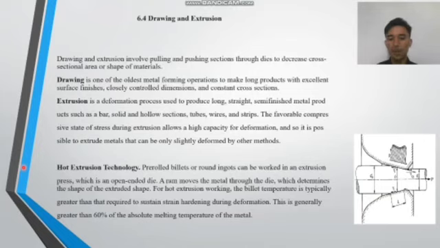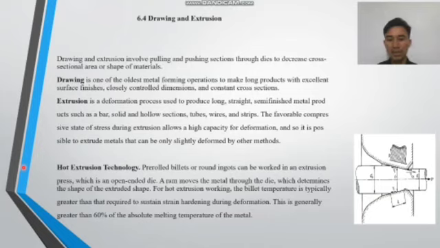Hot extrusion technology. Pre-rolled billets or round ingots can be worked in an extrusion press, which is an open-ended die. A ram moves the metal through the die, which determines the shape of the extruded shape. For hot extrusion working, the billet temperature is typically greater than required to sustain strain hardening during deformation.